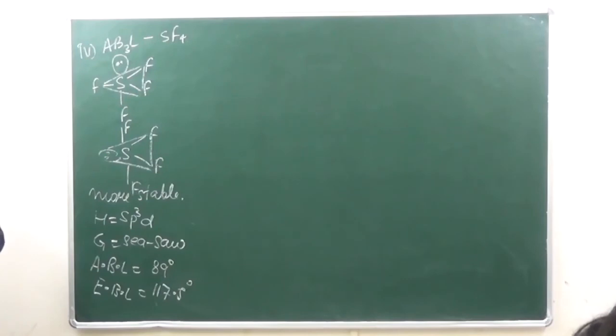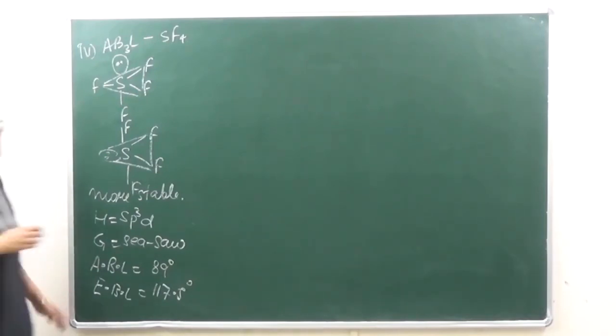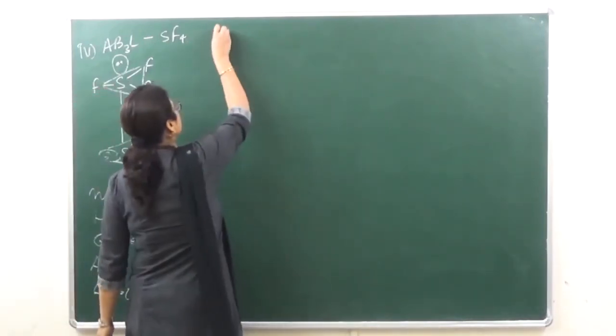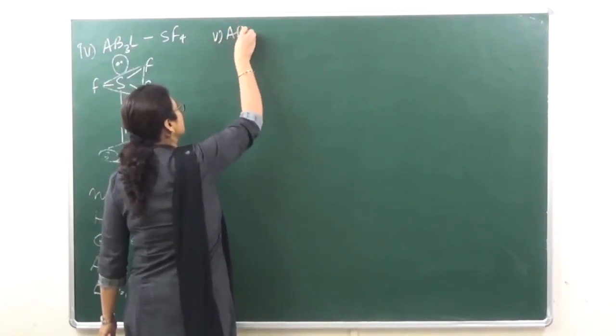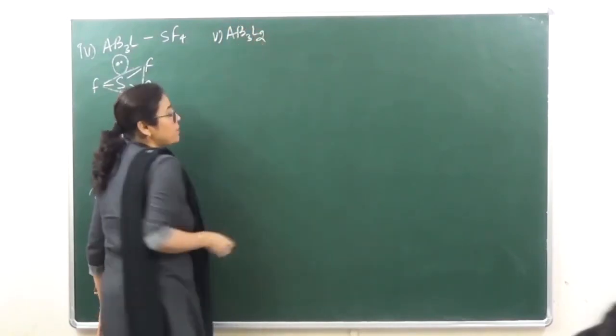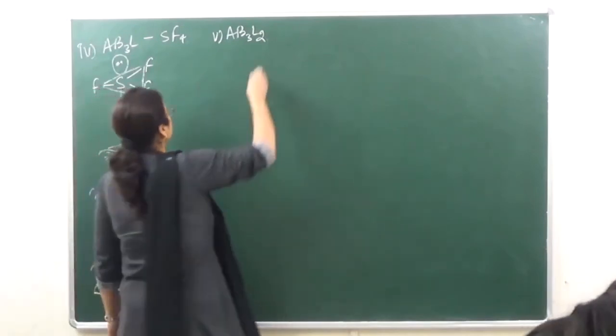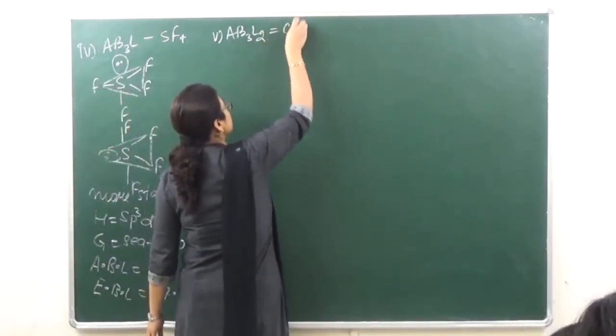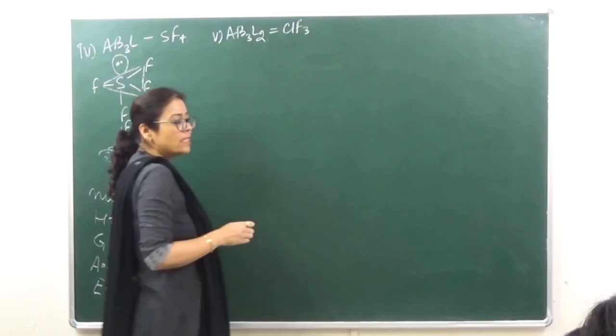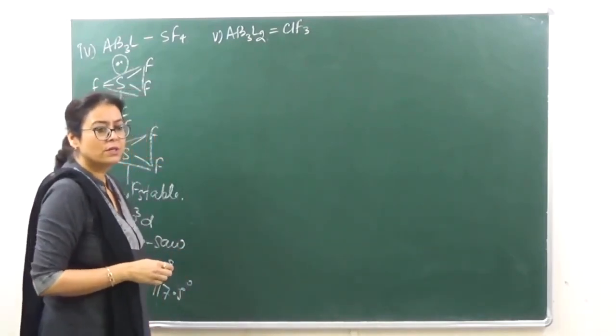Then the next one which we go to, that is AB3L2. Example which we are going to take over here is ClF3. All these shapes are very, very important.